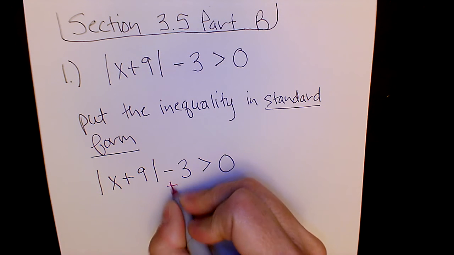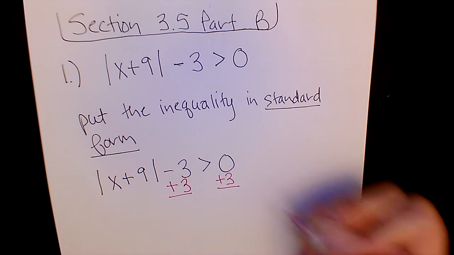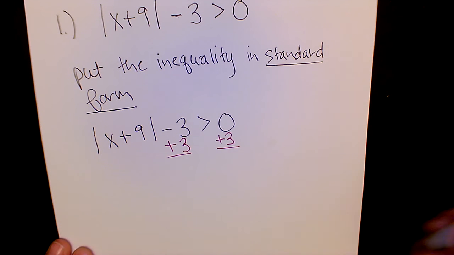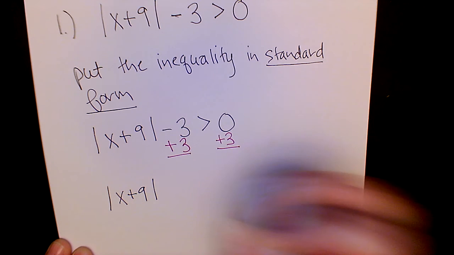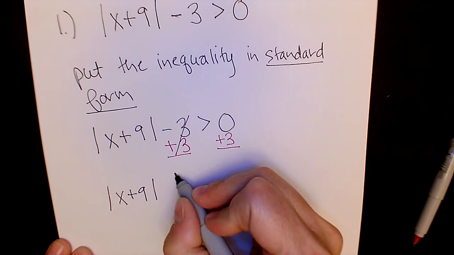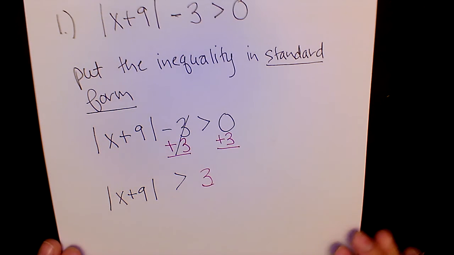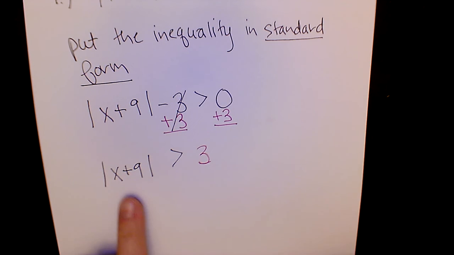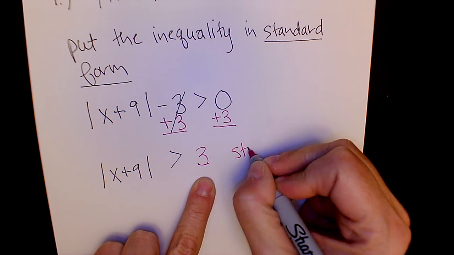I do the opposite, I add 3. So these cancel. And now it's in standard form because the absolute value is here alone, greater than 3. So this is standard form.